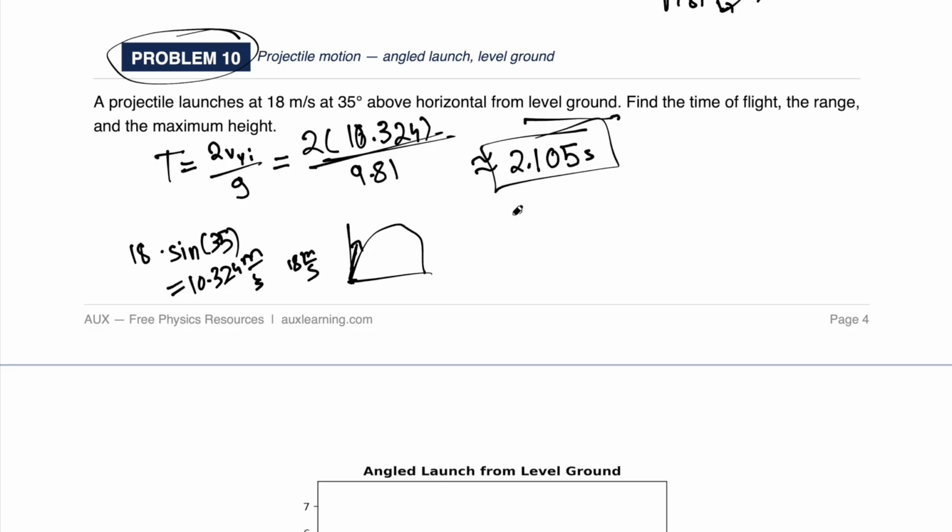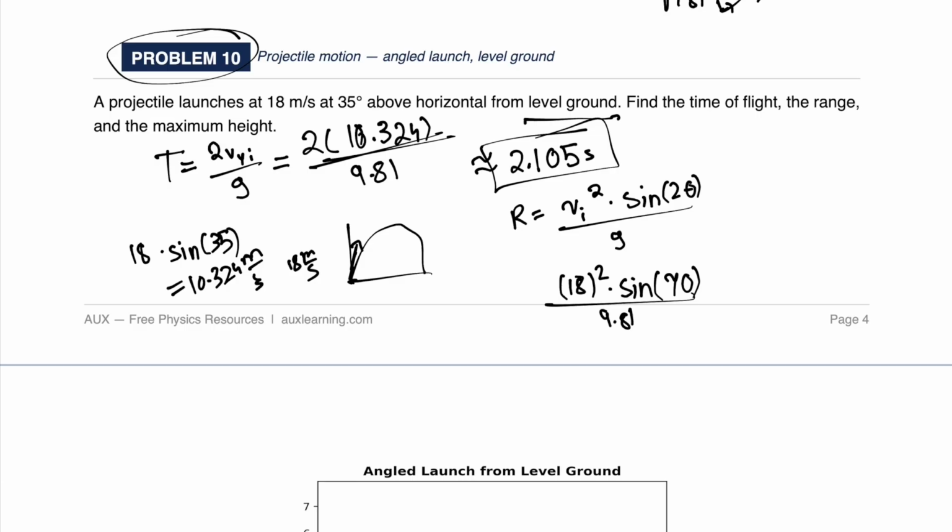My range is given by velocity initial squared times sine of 2 theta over g. Velocity initial here is just 18. 18 squared times sine of 35 times 2, which is 70, over 9.81, which should give us around 31.036 meters horizontally.